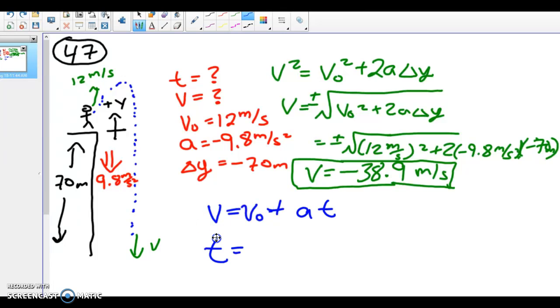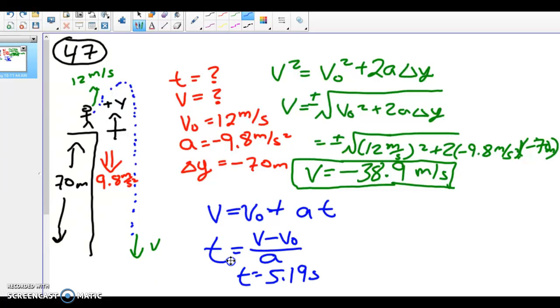Then t is going to be v minus v naught divided by a. If you plug all that in, I believe you're going to get 5.19 seconds.